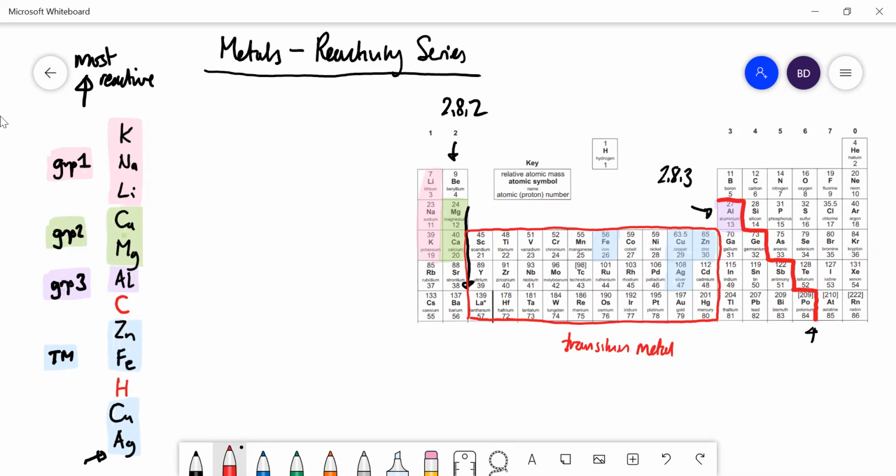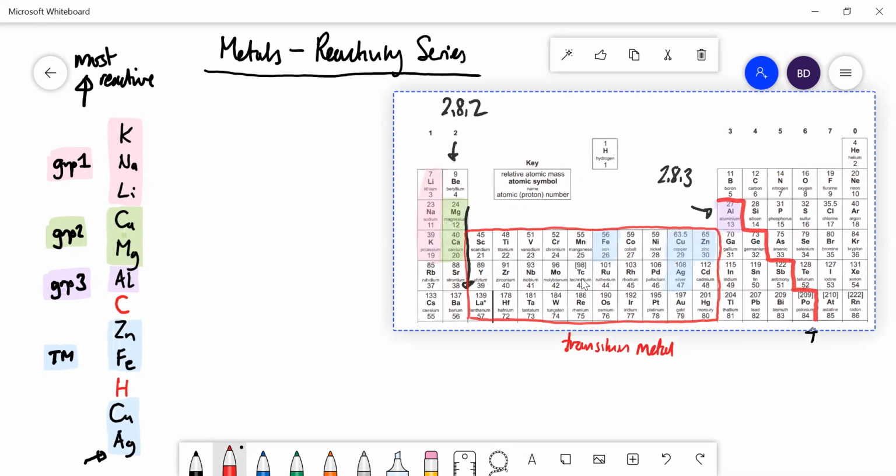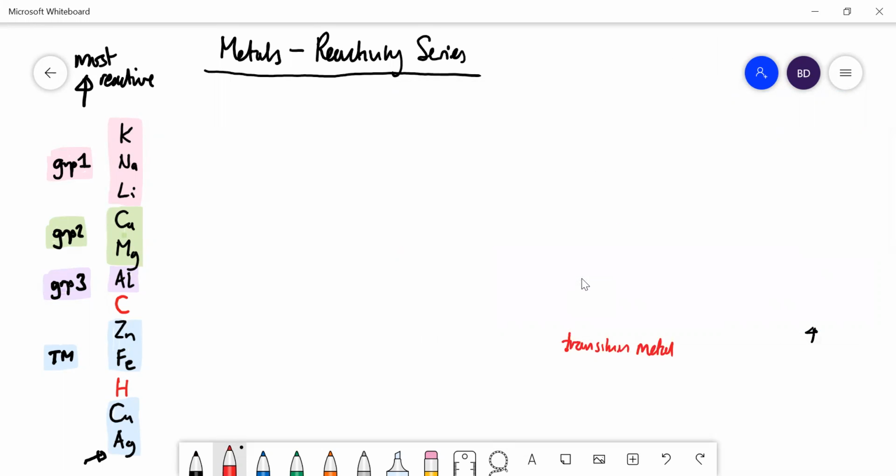Now how do we go about assigning reactivity? Well, we can do it by looking at the reaction of the metals with water, cold water, as opposed to steam, and also with dilute acids such as HCl, sulfuric acid, and so on.